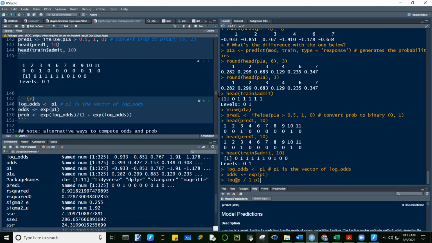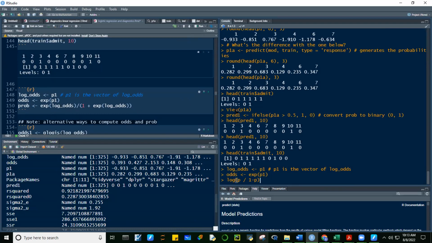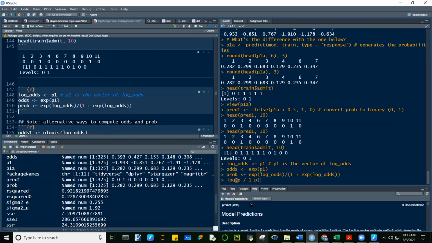Okay? So this is just another way, guys, to compute for your probabilities, no? Okay, but hindi ko na gagawin to kasi you can just check it for yourself. Sige na nga guys, i-run na natin to, no? Okay, so probability, asa na siya? Ayan, 0.282, 0.299, 0.683. Di ba ito yung probabilities natin, di ba? Right?